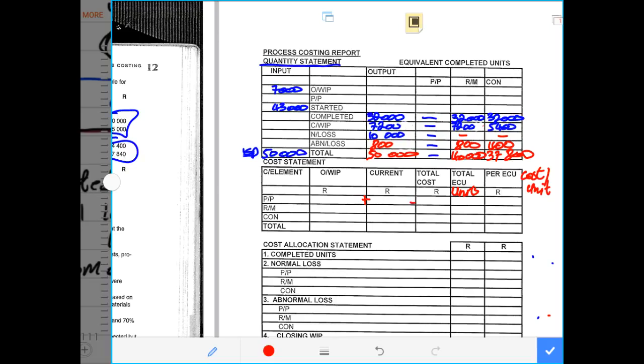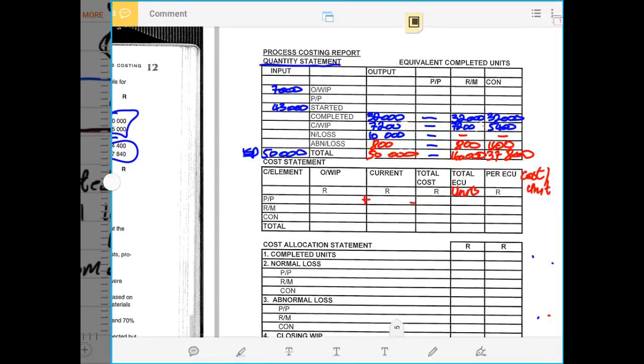This is the cost per unit that will be recorded. Cost per unit will be this column divided by this column. That means total cost divided by total equivalent units. That will give us the equivalent cost per unit with regard to raw material and also with regard to conversion cost.